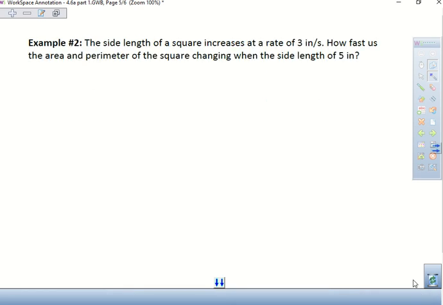Okay, so the next one says the side length of a square increases at a rate of 3 inches per second. How fast is the area and perimeter of a square changing with a side length of 5 inches? Step 1, let's find the area and perimeter formula for a square. A equals B times H. You're right, but that gives me two variables.